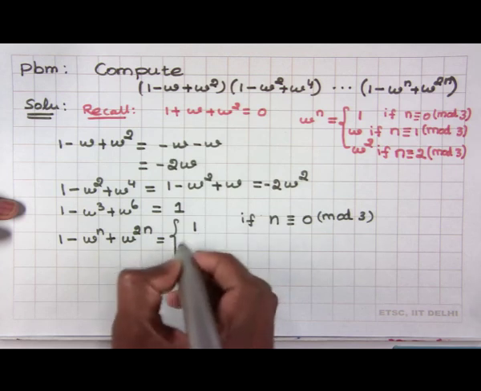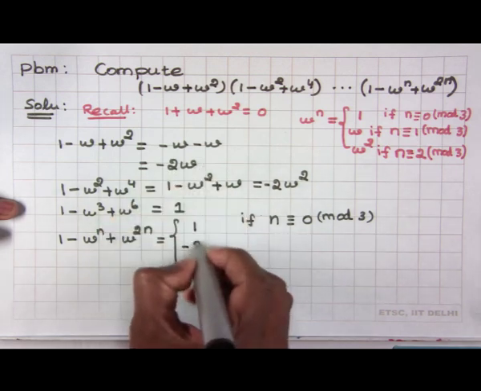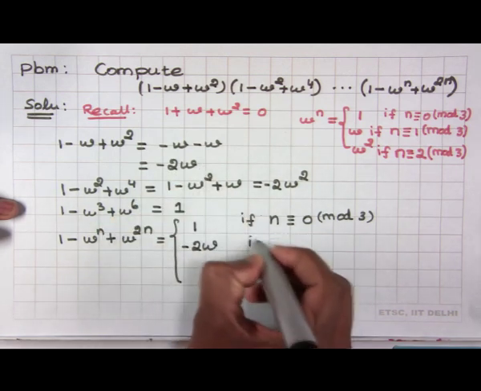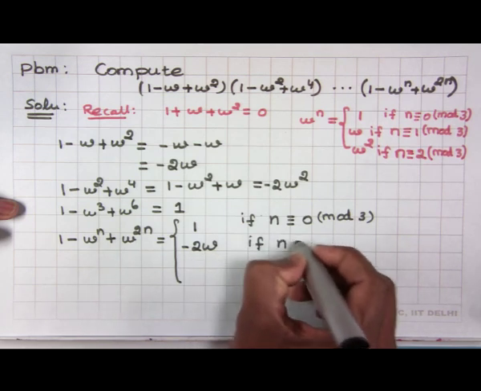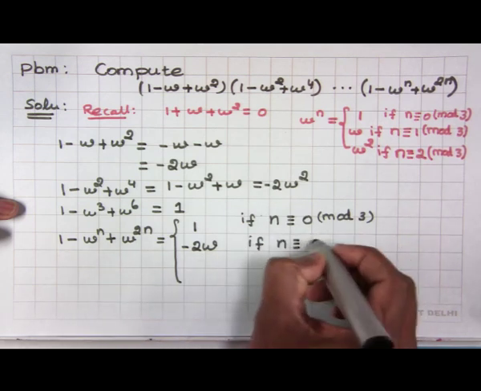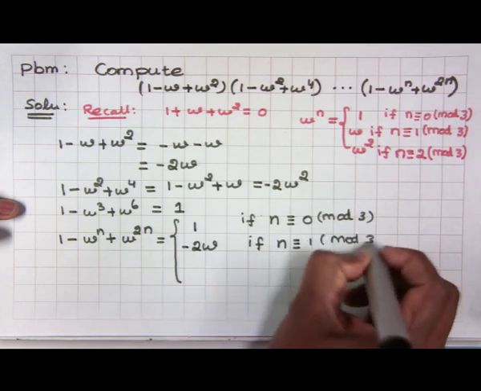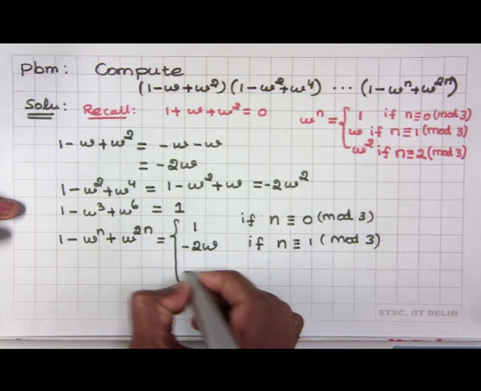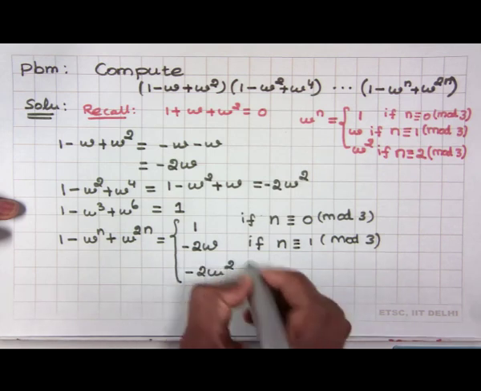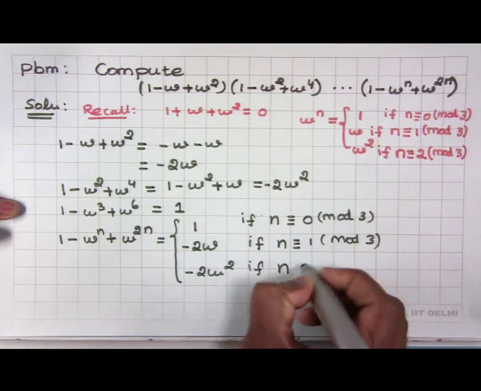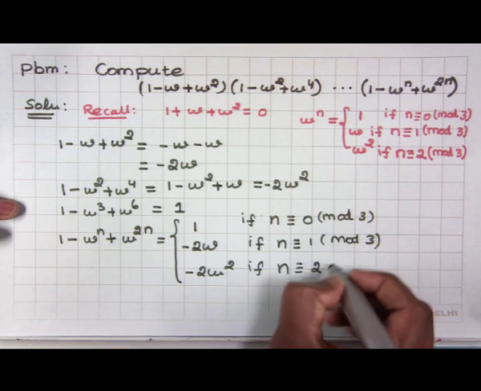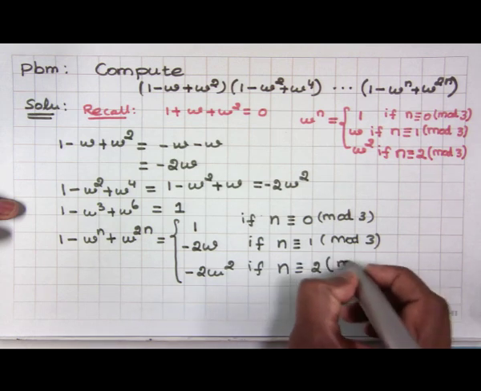And we get minus 2 omega if n is equal to 1 mod 3 and minus 2 omega square if the remainder is 2 when we divide n by 3.